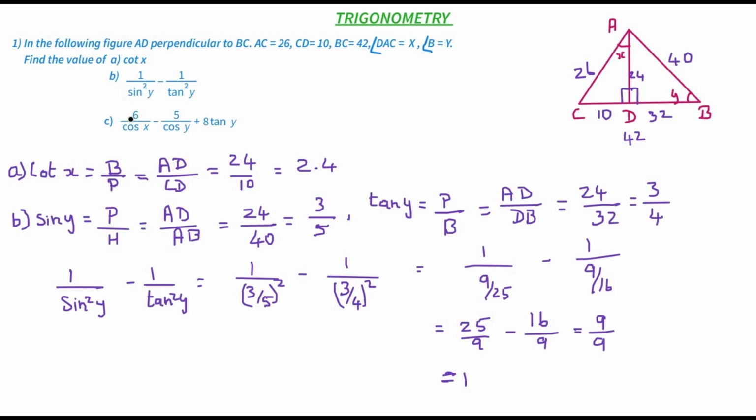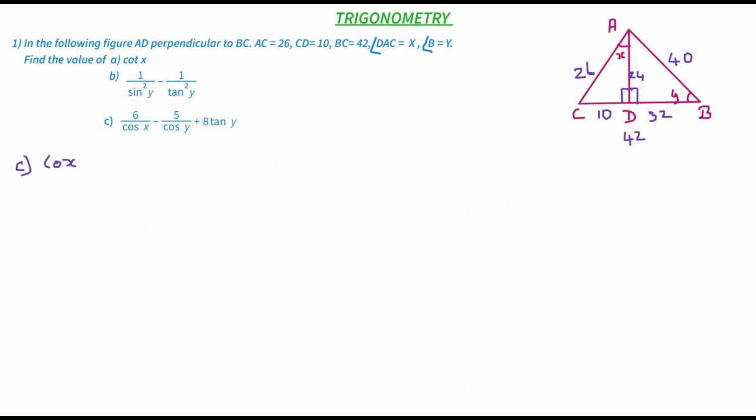Now let's find out for the C question, which is 6 by cos x minus 5 by cos y plus 8 tan y. Now we need to find out the value of cos x. So let's find the value of cos x. So cos x is equal to, so what is the formula for cos?